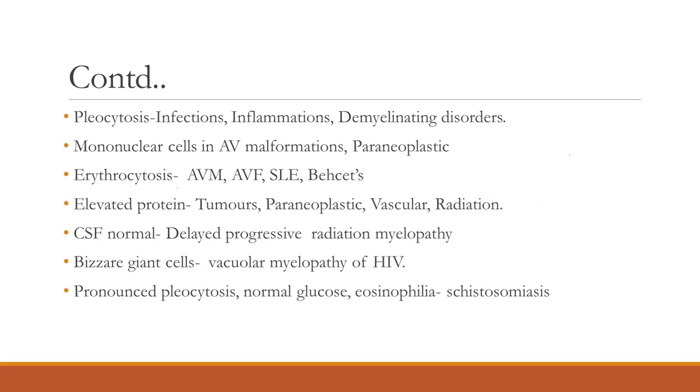Presence of bizarre giant cells on CSF in the background of HIV infection suggests vacuolar myelopathy of HIV, and pronounced pleocytosis with normal glucose and eosinophilia is seen in eosinophilic myelitis, more often associated with parasitic infestations.